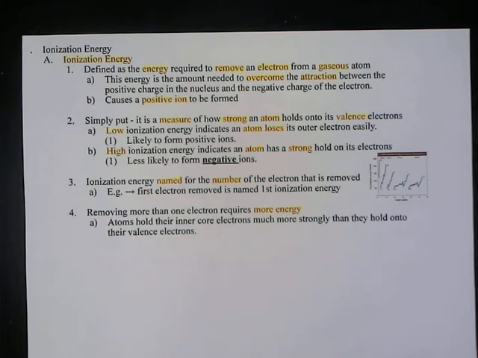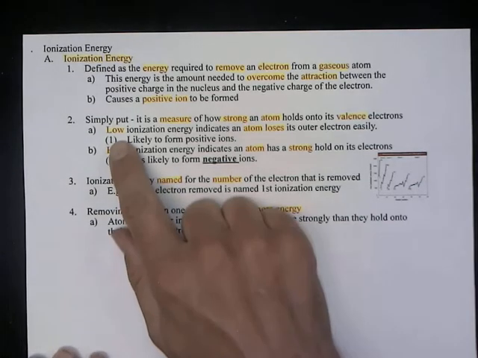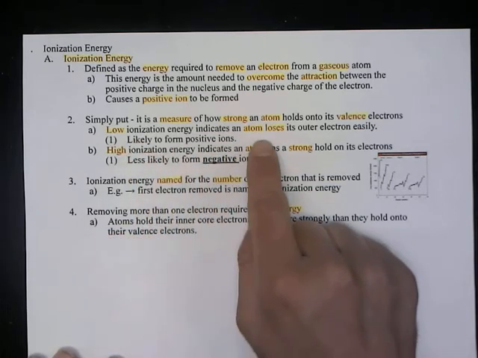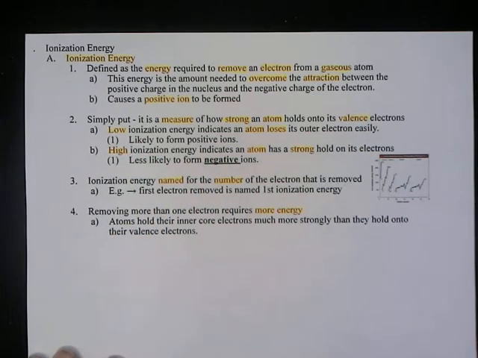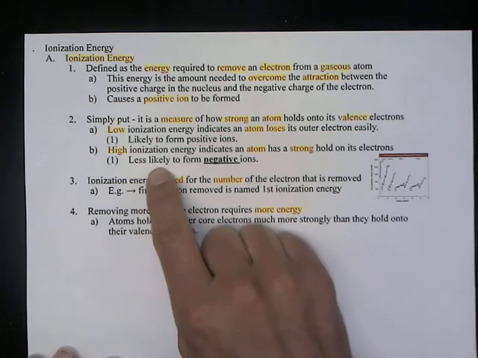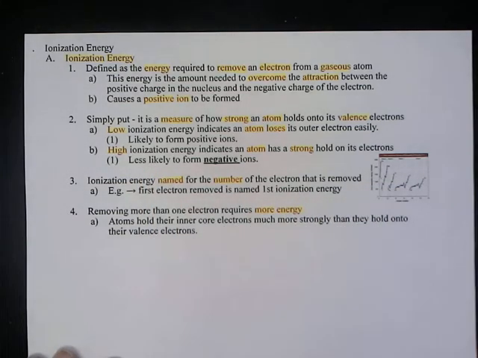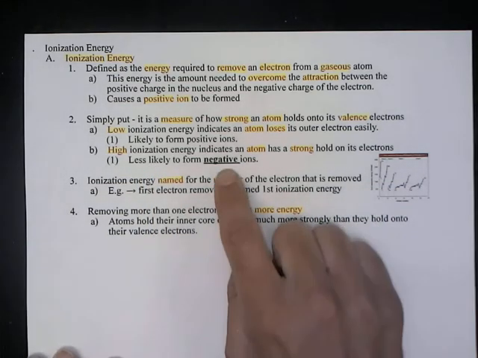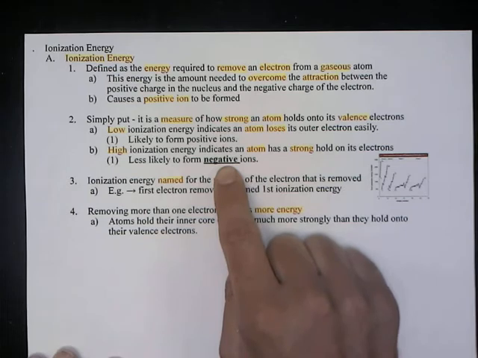So things that want to get rid of their electron are going to give it away for less energy than things that want to keep their electrons. Something with low ionization energy wants to get rid of its electron. Something with high ionization energy wants to keep its electrons, and it's likely to form a negative ion.